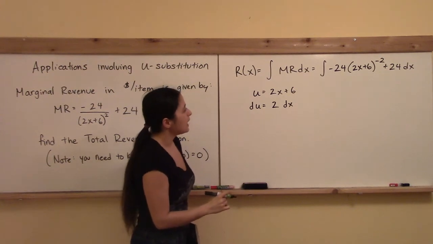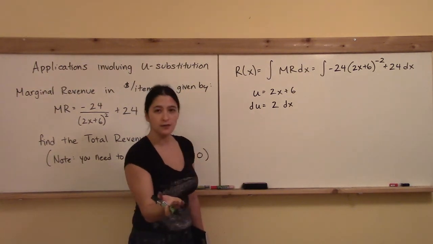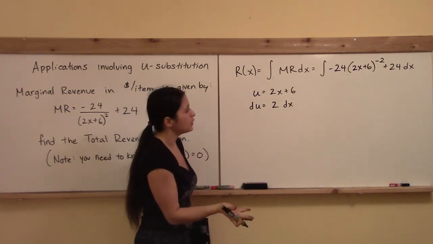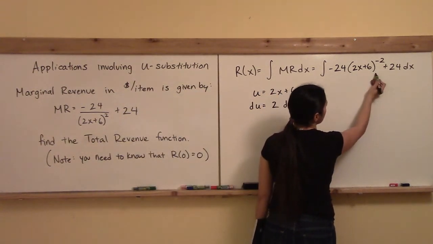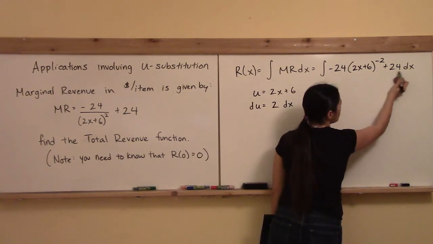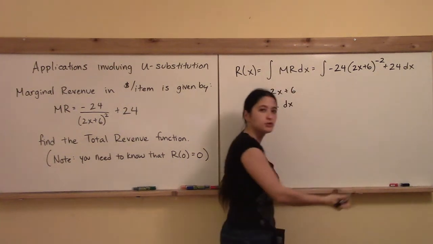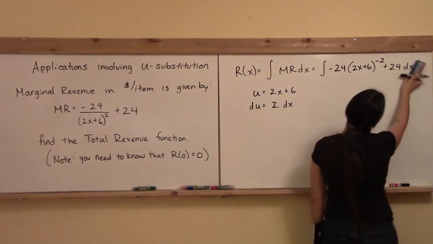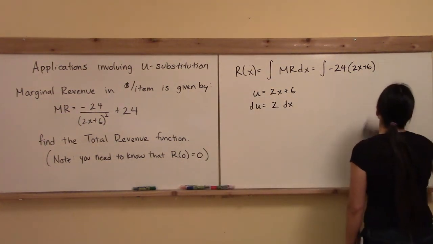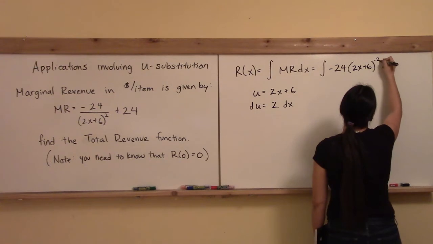Okay, actually, before I go into this any further, I'd like to make a note. The issue I'm having is with this term right here, right? Do I need a u-substitution to integrate the number 24? No, not really. So actually, before I begin, I would rather see this as two separate integrals.